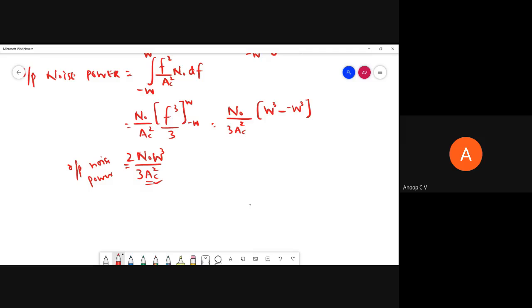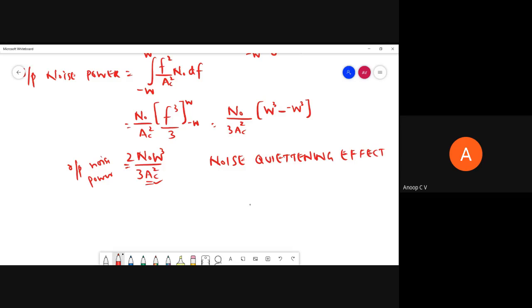So that's actually called noise quietening effect. Sorry, what is the spelling of quietening? QUIE, right? Quietening effect. So please keep in mind.